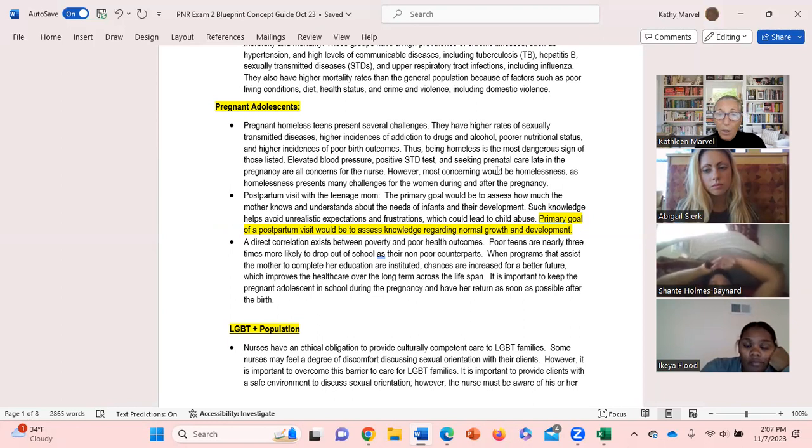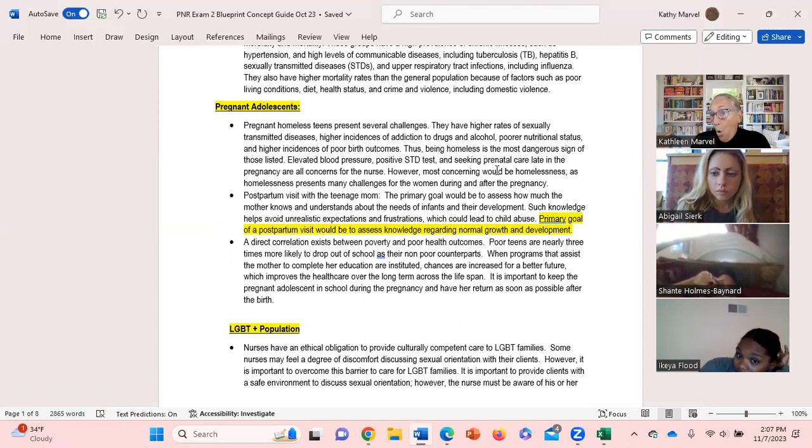This first bullet goes through what they have higher risk for: STDs, alcohol, mental health, poor nutritional status. So again, let's formulate a question. This bullet is about why pregnant adolescents, pregnant homeless adolescents are so at risk. So let's formulate a question.